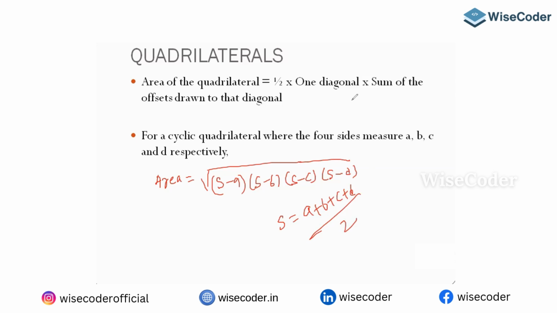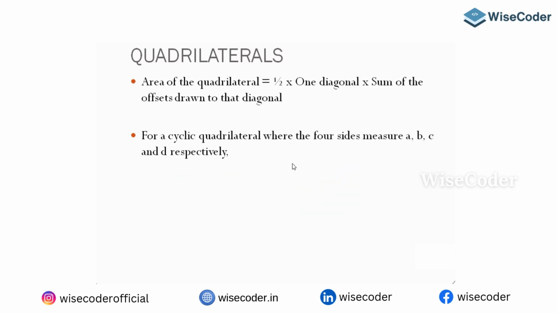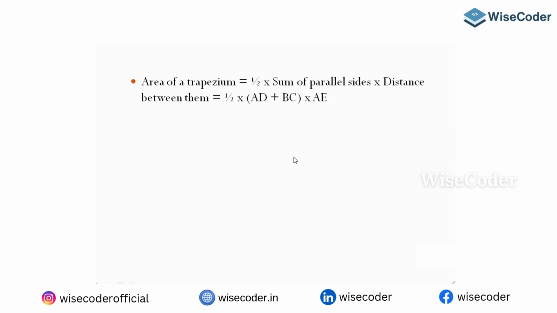Then what are the trapezium formulas? The next one is the trapezium. Area of a trapezium is equal to half into sum of parallel sides into distance between them.